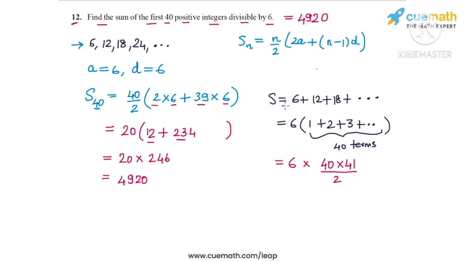So this is what we get as the sum of the first 40 positive multiples of 6, and you can verify that this will come to the same value, 4920. So instead of finding the sum using this formula, we could solve the same problem by taking out a common factor of 6 and then using the sum formula for the sum of the first n natural numbers.